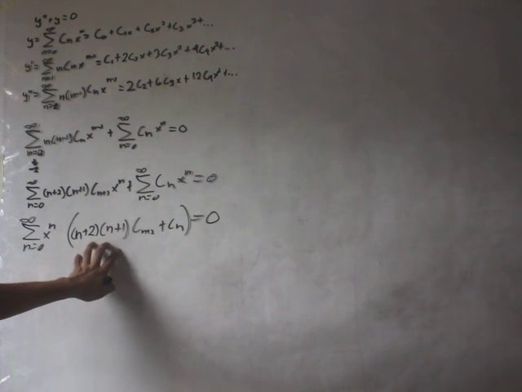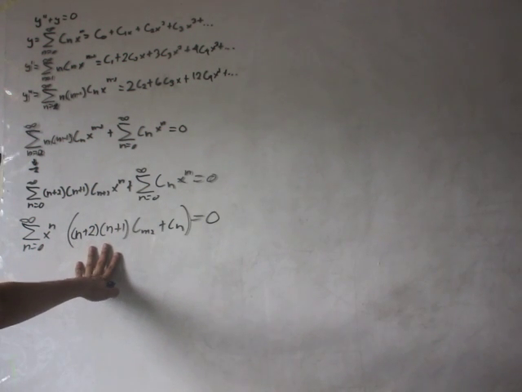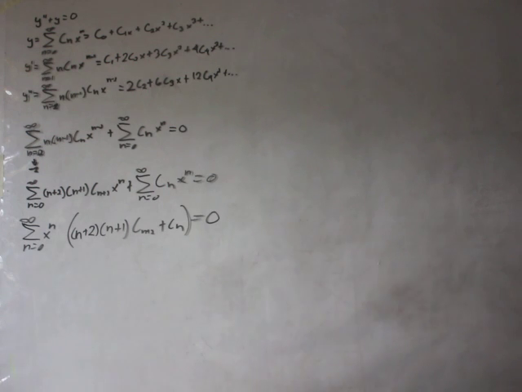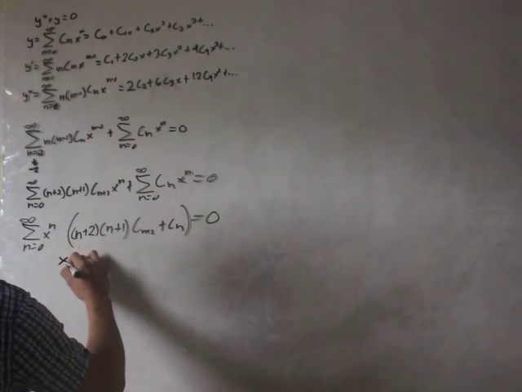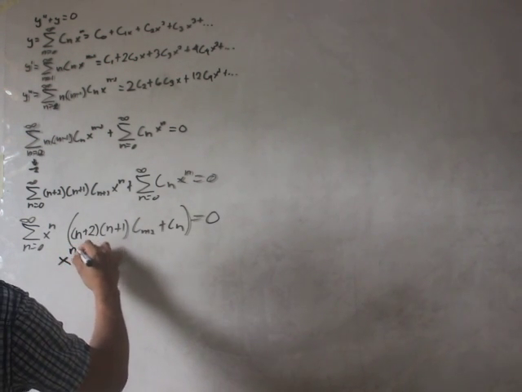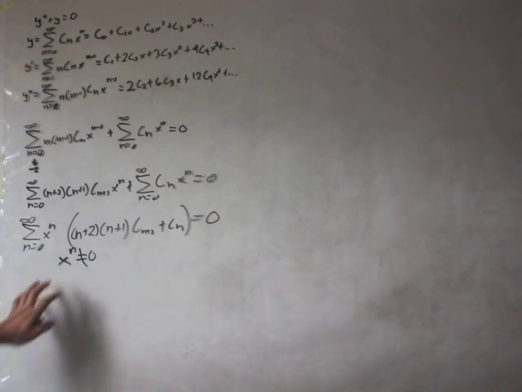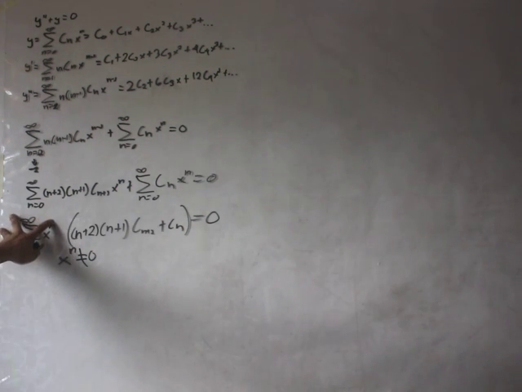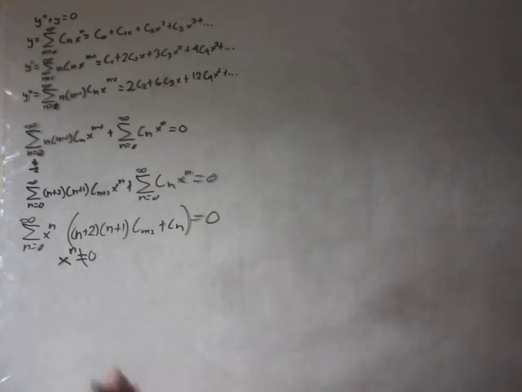So for this, we can come up with a recursion relation now, thus making x raised to n must not be equal to 0. So we will just disregard this, and we will come up with this.